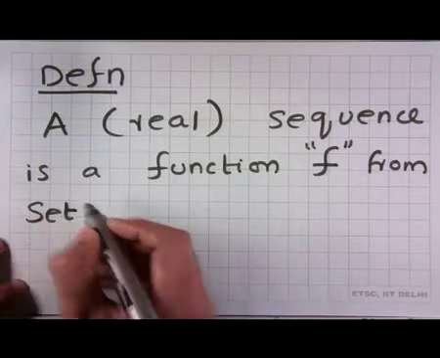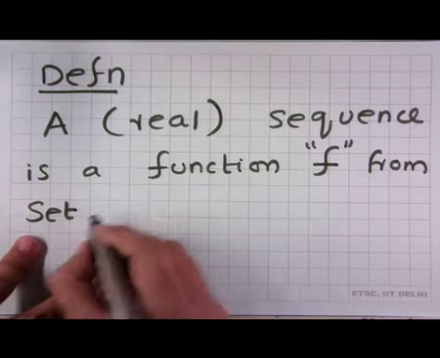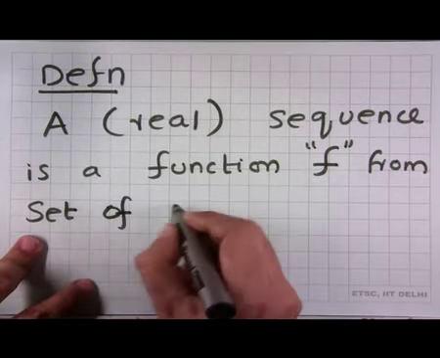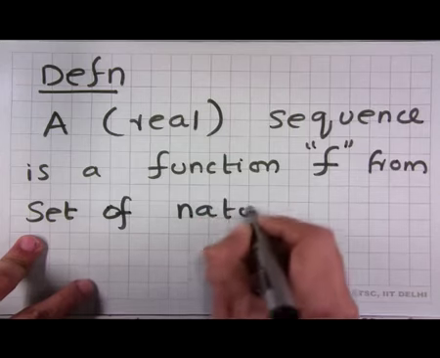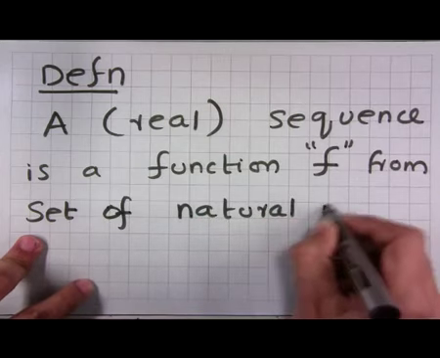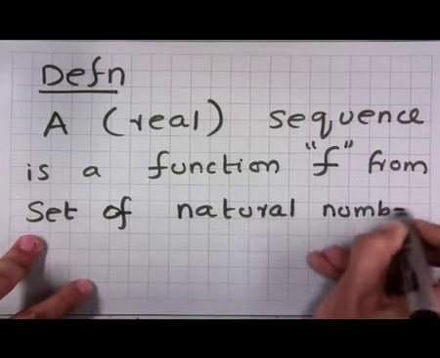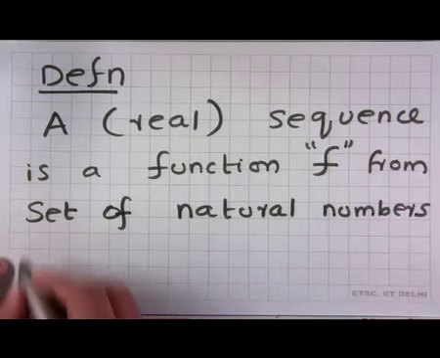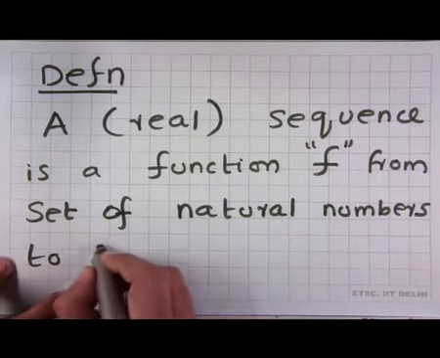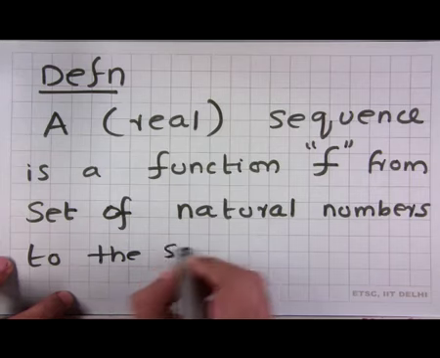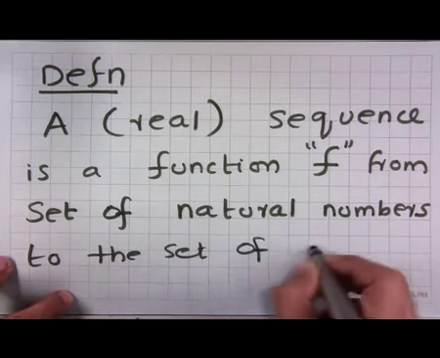A real sequence is a function f from set of natural numbers to the set of reals.